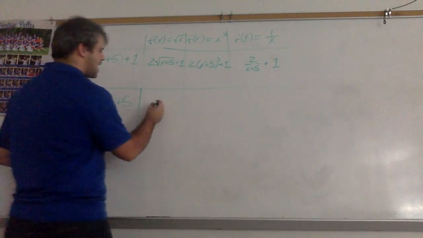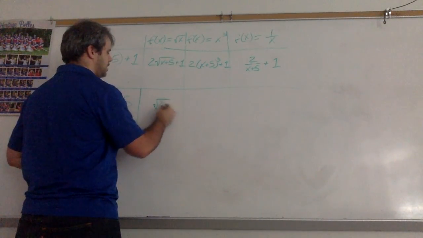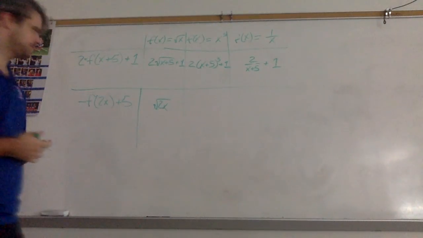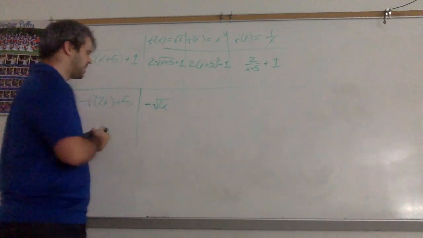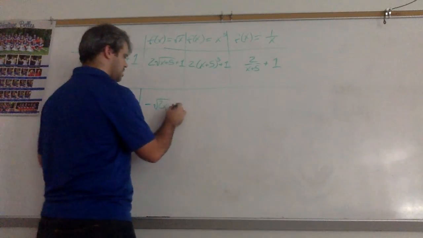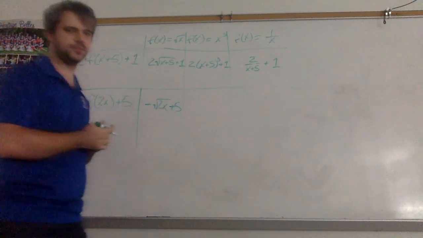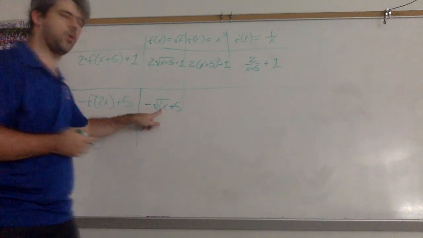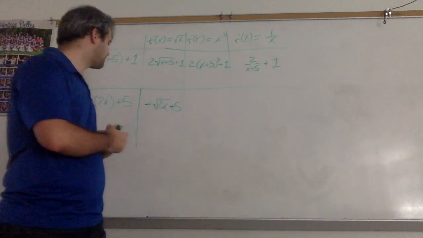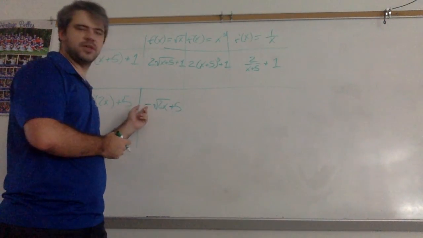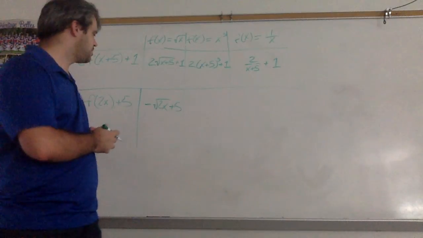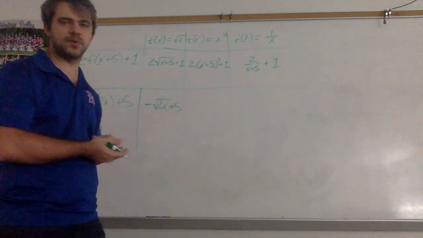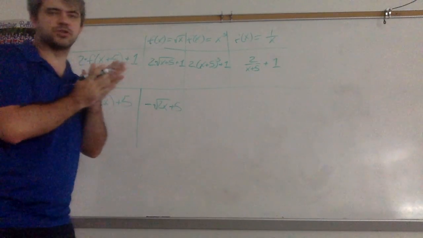So we've got our square root of x, except now it's square root of 2x. Multiply our output by -1, add 5 to our output. Okay, so this would be a horizontal shrink by a factor of 1/2. Then we would reflect over the x-axis, and then we would do a vertical shift of 5.